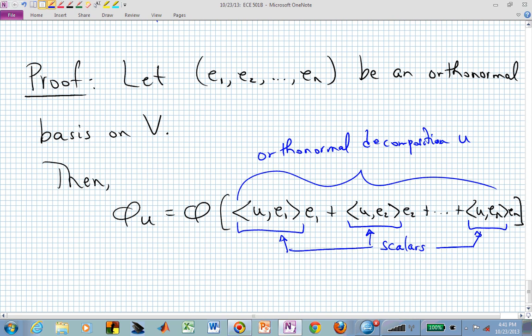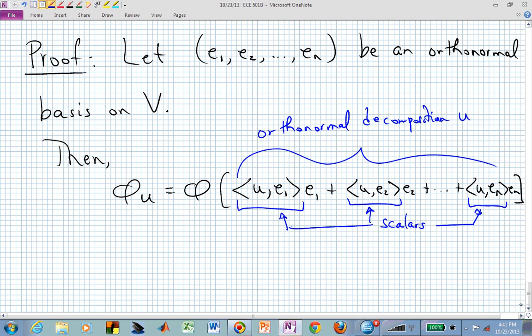The linearity of the functional allows us to rewrite this: I can just pull out those scalars and now operate on E1 with that functional, plus the inner product of U with E2 times phi of E2, and so on.